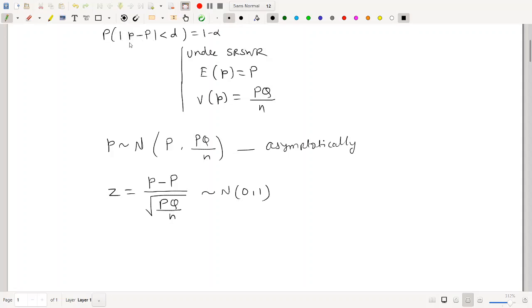So we have to divide by the standard deviation of p on both sides of mod of p minus P less than d. Then we will get small p minus capital P upon root of PQ upon small n less than d upon root of PQ upon small n is equal to 1 minus alpha.